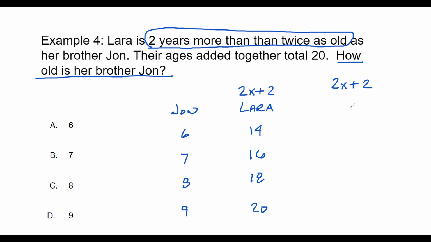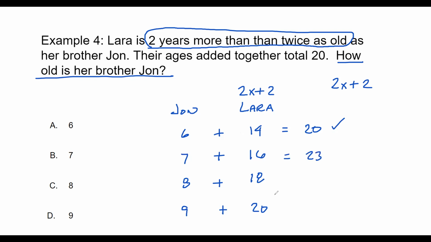Now, what we're looking for is their ages added together total 20. So let's add these two together. 6 plus 14 equals 20. Their ages added together is 20. So we're done. We can show that these other ones don't give us the correct answer.